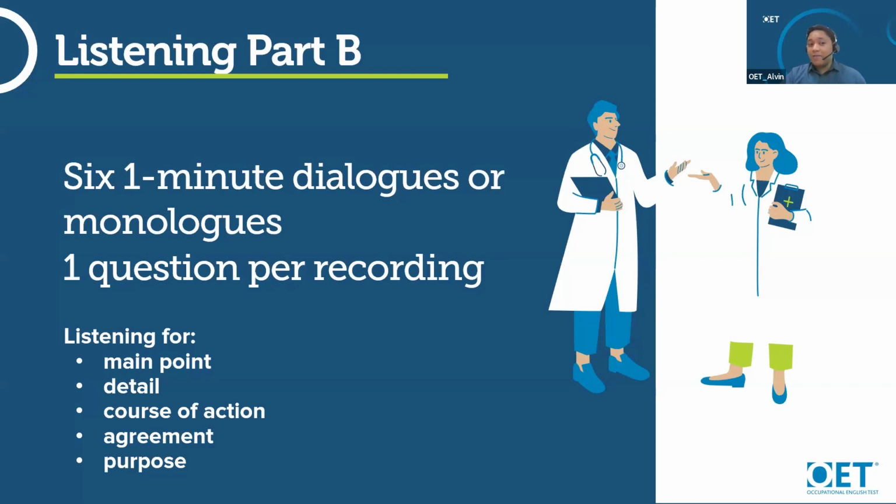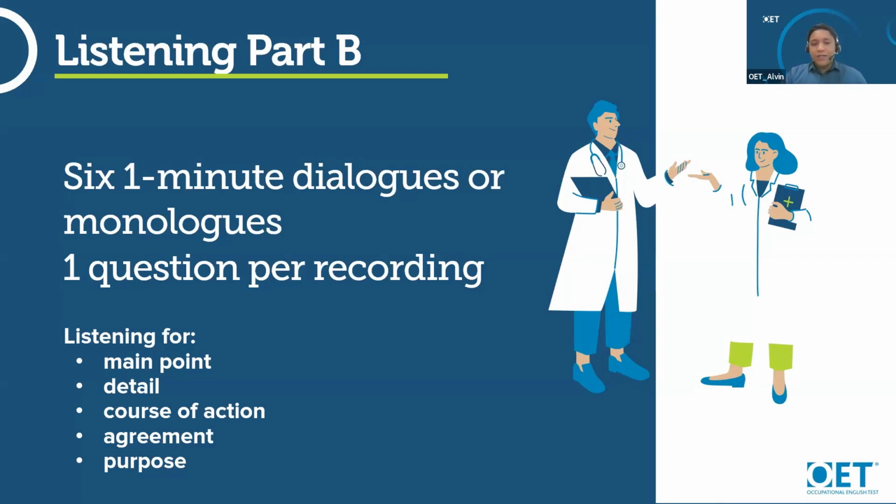What is the next step? Fourth, listening for agreement, maybe the agreement between the doctor and a nurse, or the doctor and a doctor. And number 5, listening for purpose. Maybe the doctor is talking about a specific treatment and you need to know what is the purpose of it. So those are the subskills we have for listening part B.